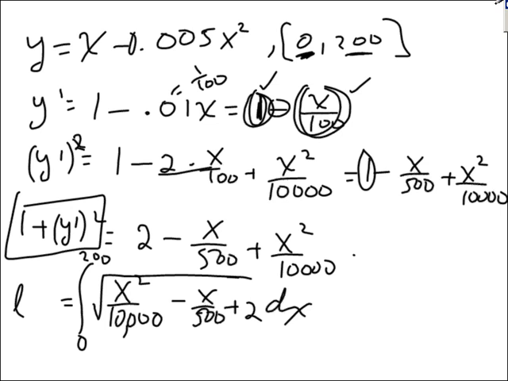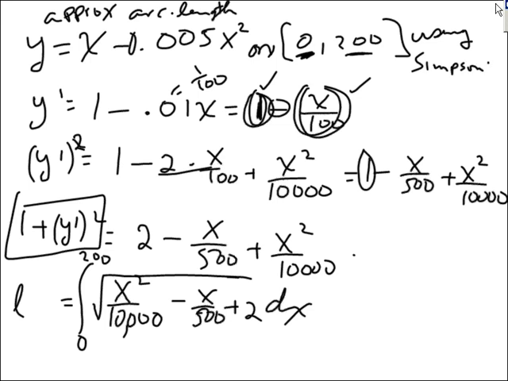What you're going to have to do is approximate the arc length of y equals x minus 0.005x squared on 0 to 200 using Simpson's Rule.